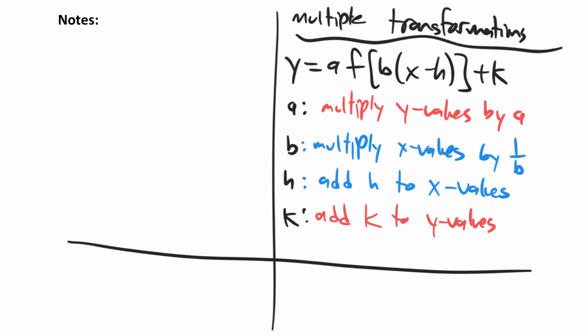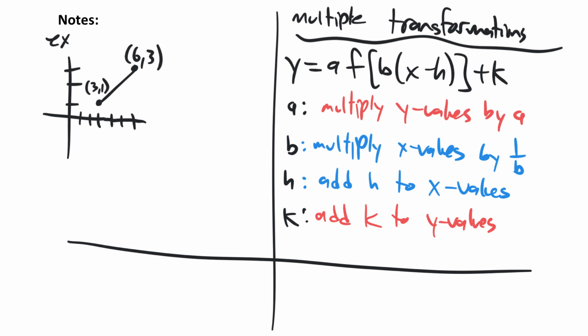So let's go ahead and do an example here. I'll go ahead and give you a graph. So we're going to have the point 3 and 1, and 6 and 3. So we're just going to have 2 points, just a nice little straight line. 3 and 1, 6 and 3, just 2 points.